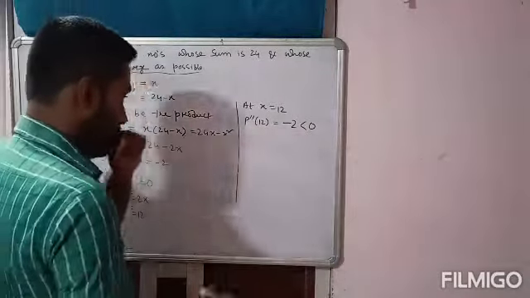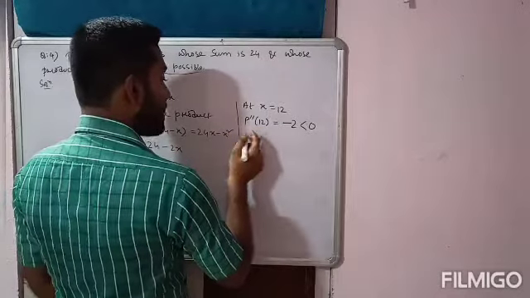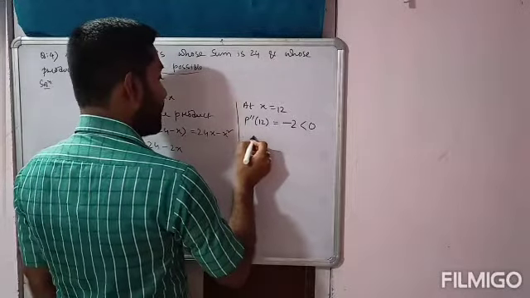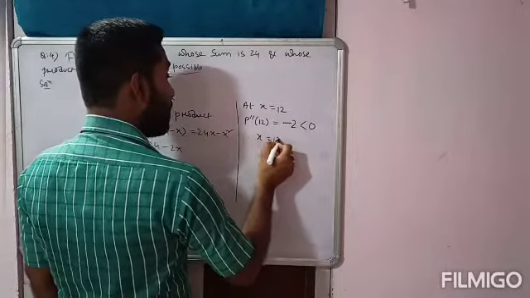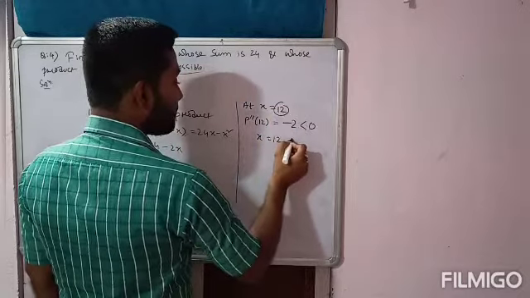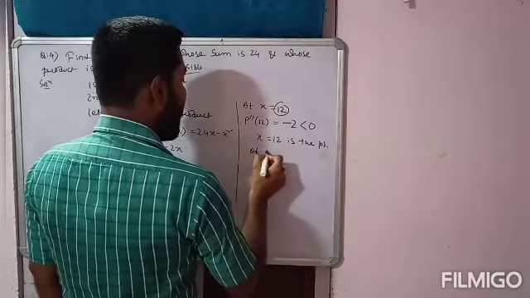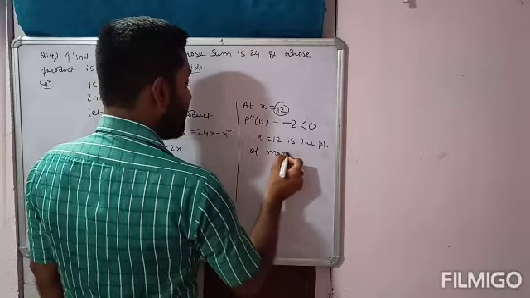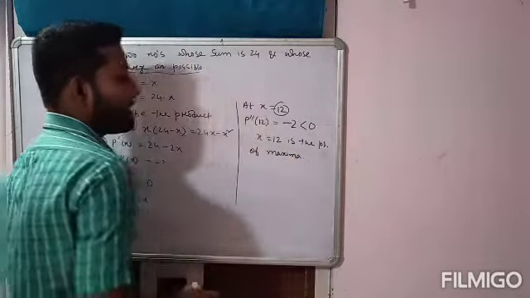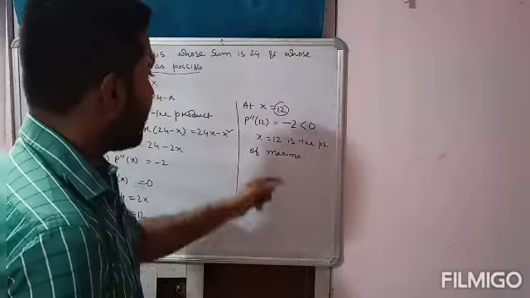Yes or not? Since P double dash of x is less than 0, therefore we can say that x equal to 12 is the point of maxima.